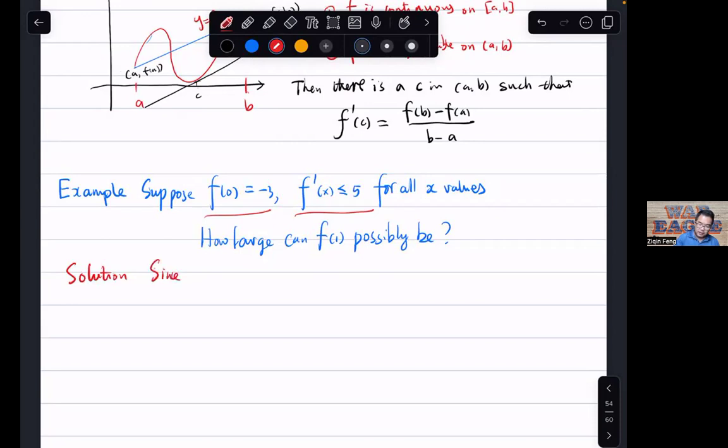Since f prime exists for all x values, we know that f here is continuous and differentiable.